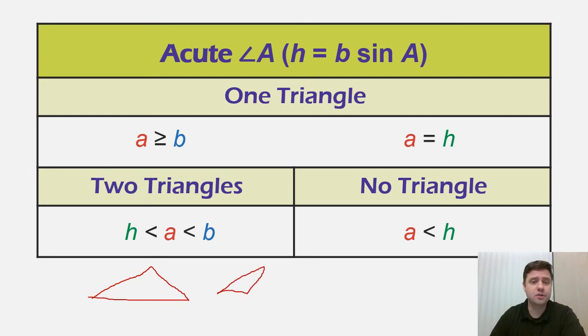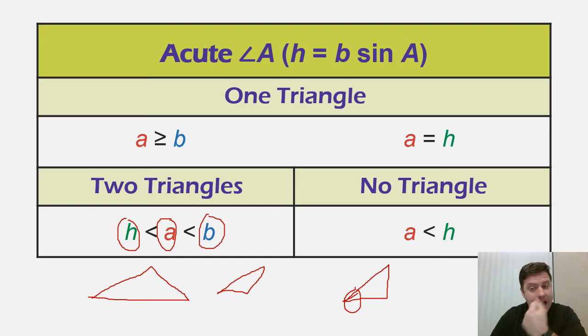So there's two different triangles that might be the case if the height is less than A, but A is less than B. In the case where A equals the height, you get a triangle that looks like this, and that is just a right triangle.